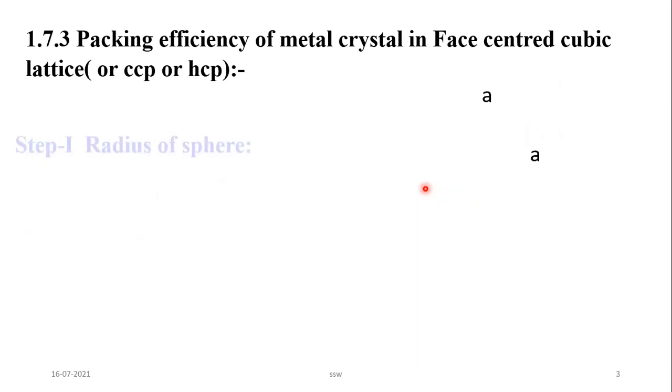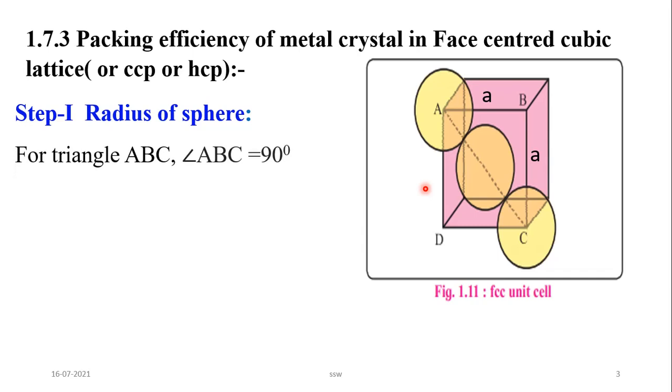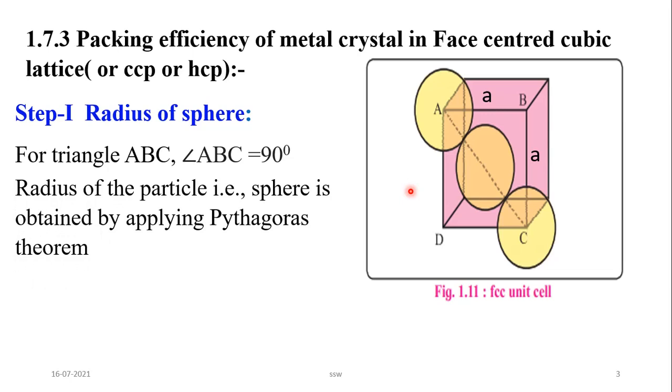So here, for calculating radius of sphere, consider this triangle A, B and C, and in that angle ABC is 90 degree, and the radius of this sphere is obtained by Pythagoras theorem.